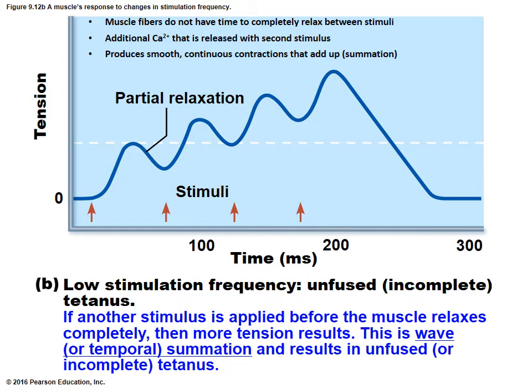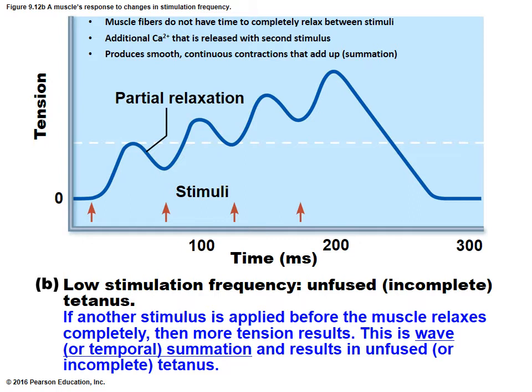It almost looks like a little stairway where your steps are increasing, and that's basically meant to represent the fact that you're doing a wave summation and you're basically recruiting more and more muscle fibers, and this is going to lead us to produce a very smooth, continuous contraction, which is what we tend to see with the naked eye.